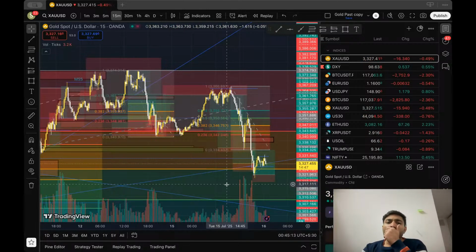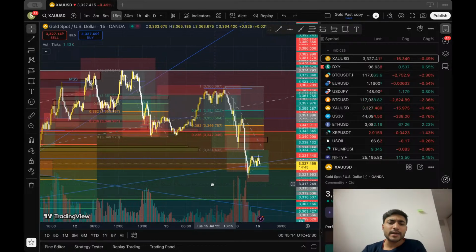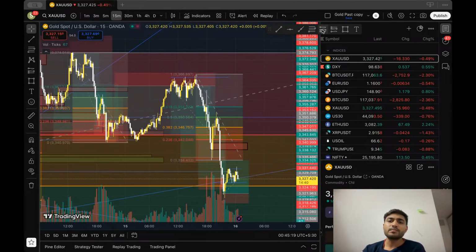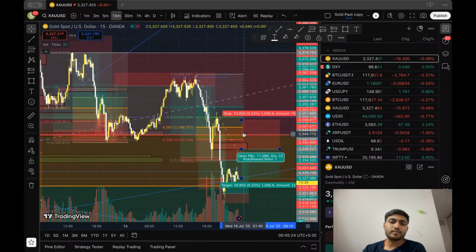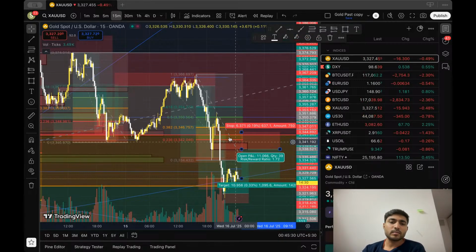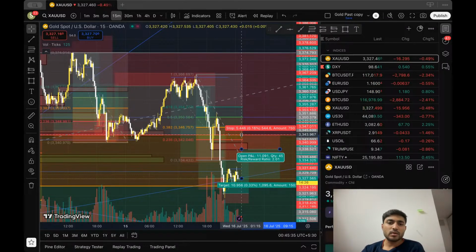So maybe let me place these trades as well. You will remember for tomorrow, short trade here. I think the stop should be around here, because that's the biggest stop loss, no? Let's have it 50.